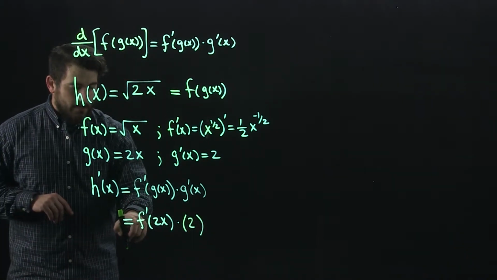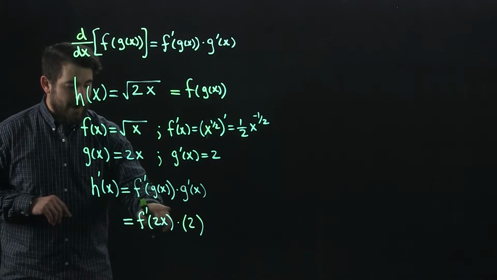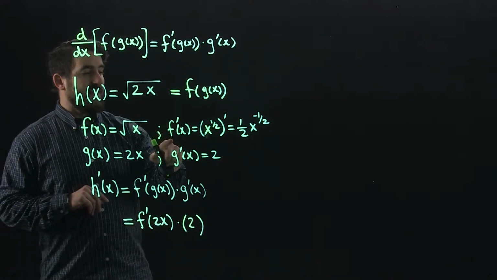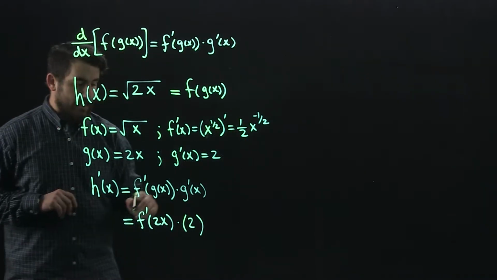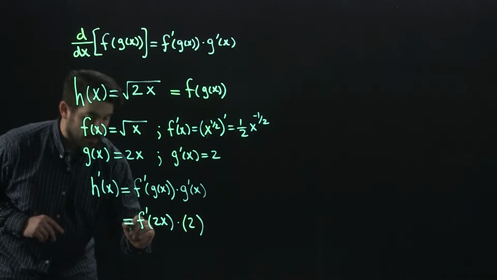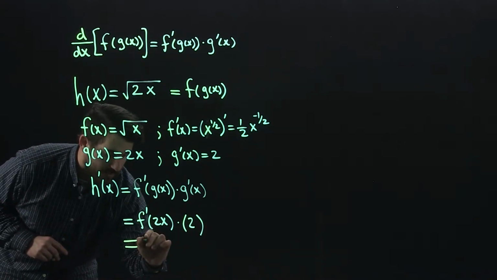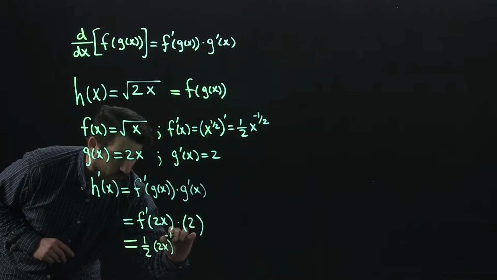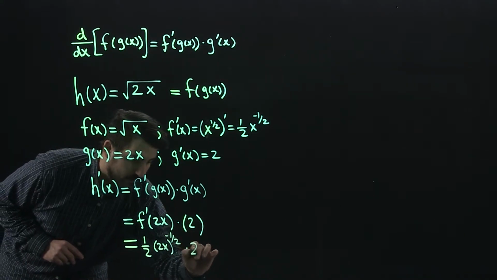So now we want to rewrite this factor here. This is f prime of 2x. And since f prime equals 1/2 x to the negative 1/2, I will replace all the x's with 2x. So finally, we get 1/2 times 2x to the negative 1/2 times 2.